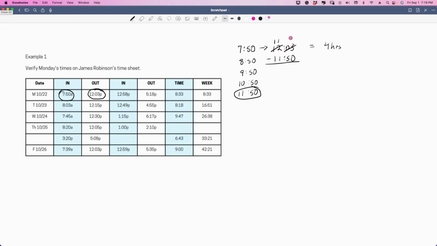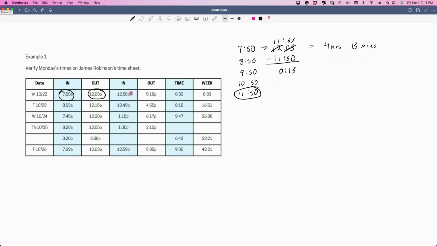So 60 plus 3 is 63. That's my new time. 63 minus 50 is 13 minutes, and 11 minus 11 is 0. So it's 0 hours and 13 minutes. This is the total time frame from 7:50 to 12:03: 4 hours and 13 minutes.